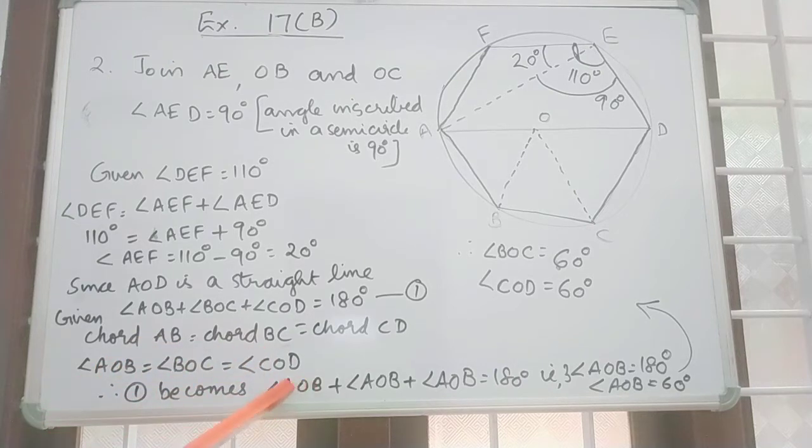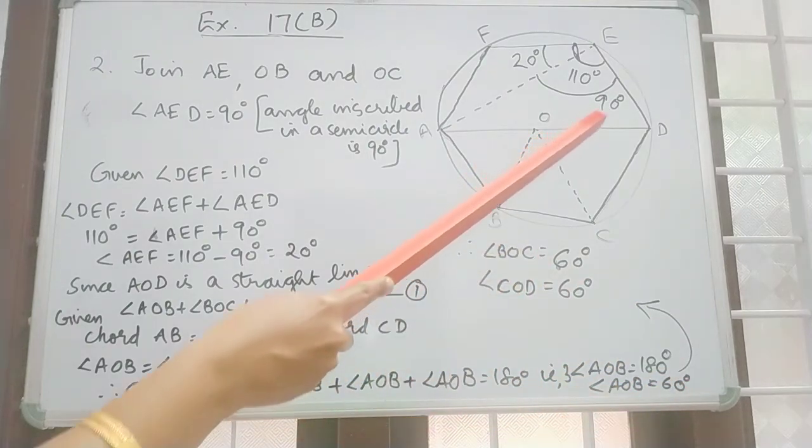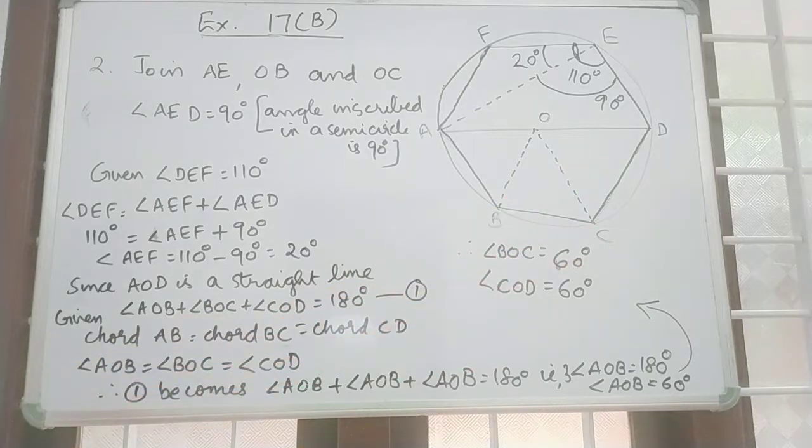So AOB plus AOB plus AOB is equal to 180 degrees. That is 3 angle AOB is equal to 180 degrees. Angle AOB is equal to 180 divided by 3, which is 60 degrees. Since these three are equal, angle BOC will be 60 degrees and angle COD will also be 60 degrees.